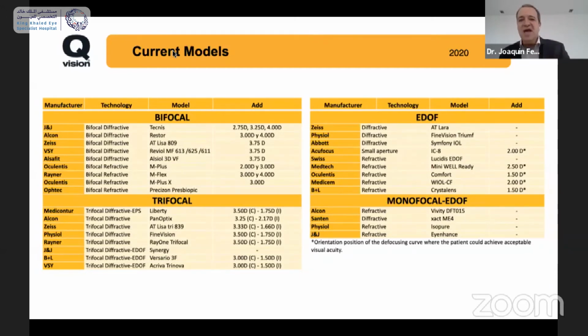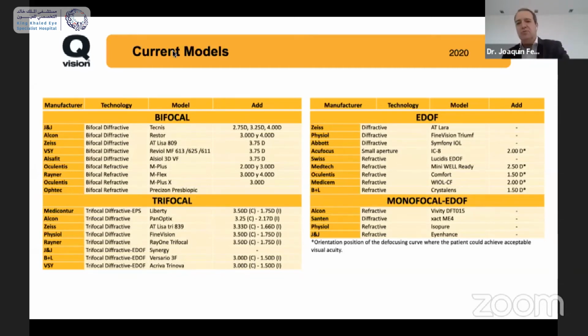And to the right we have the hybrid lenses, all the new ones: the Tatras, FineVision, Triumph, Symphony, IC8 extended depth of focus. It's very important to differentiate hybrid lenses based on diffractive profile from hybrid lenses based on refractive profile.